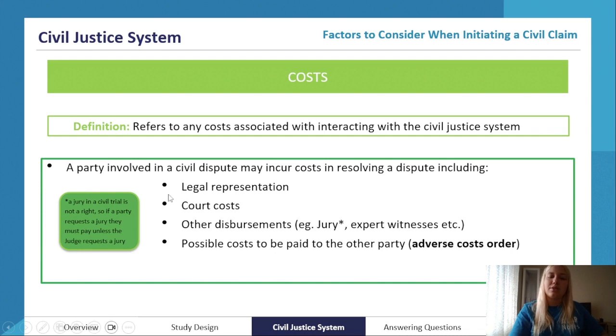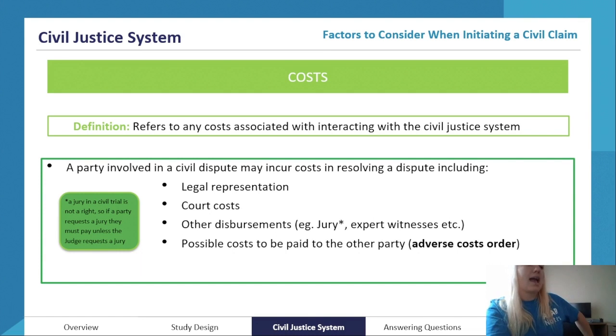So these costs, you need to be able to give examples for questions. Legal representation, court costs, including initiating a claim, daily hearing fees, other disbursements, if they pay for a jury, and if they pay for expert witnesses. So they might pay for experts to come in that can analyze evidence and basically say, "Oh, I've got an expert background.